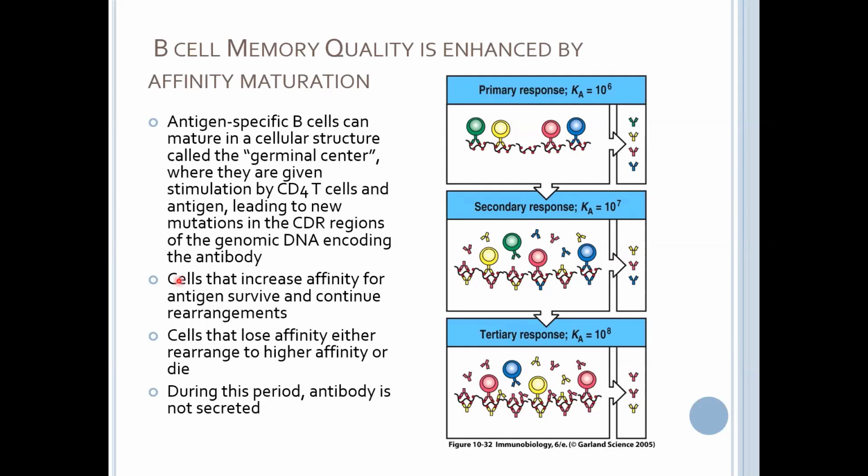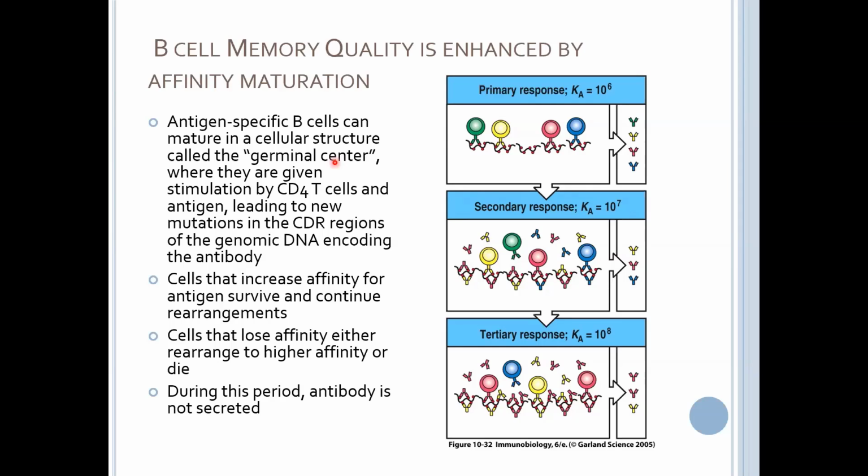It does this in a special structure in the lymph node called a germinal center, where the B cell sits next to a CD4 T cell, and it keeps some antigen around. So you keep a small amount of the pathogen around in your lymph node, and the B cell antibodies are binding to it as a sort of answer key that this is what we want to bind to, and we want to get better at binding to this.